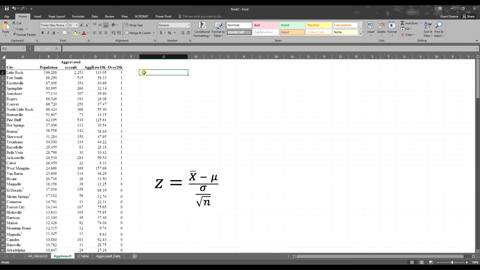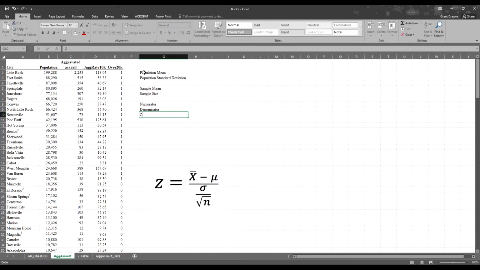Here I'm just going to write all of that out so we know what we're calculating: our population mean, population standard deviation, and I'm going to jump down and do sample mean and sample size, which we'll then use in the numerator, denominator, and our z-value itself.